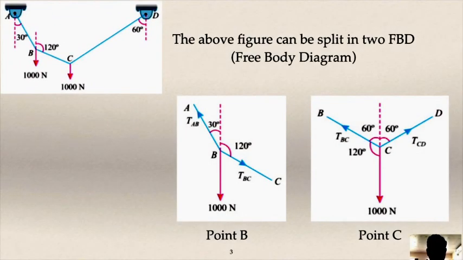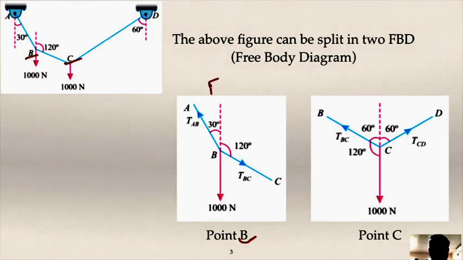Fine. So this particular problem is a little bit different from the one that we have seen in the previous class, and it's very simple where the difference comes. Here we have two points, B and C. At point B, you're going to go for a free body diagram.